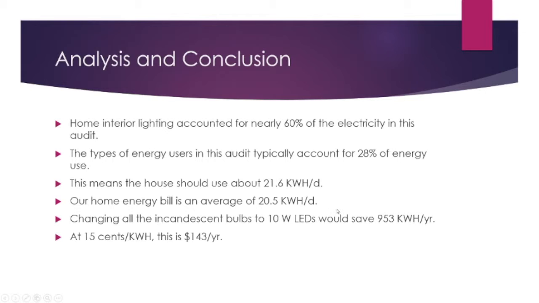And if you check the home energy bill, which I did, we had 574 kilowatt hours over the month of February, and this is 20.5 kilowatt hours per day. You can see through this calculation that our house is using a typical percentage of energy for this sort of appliance and lighting usage.